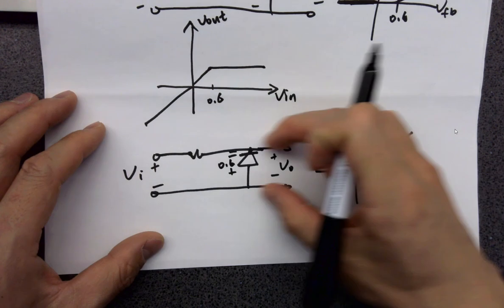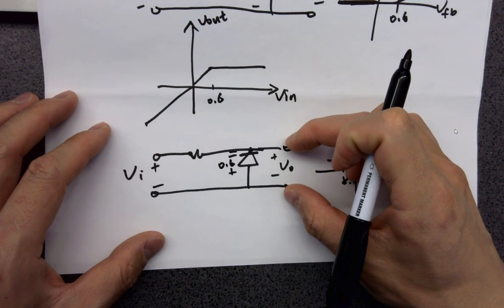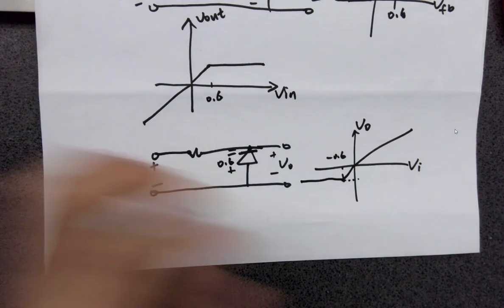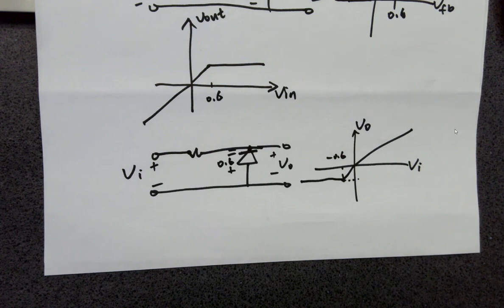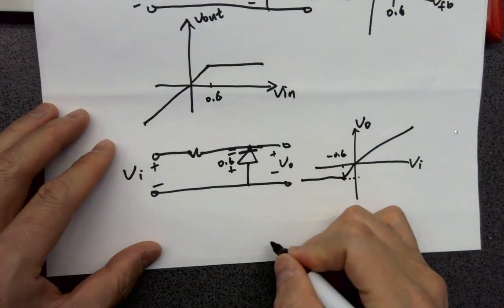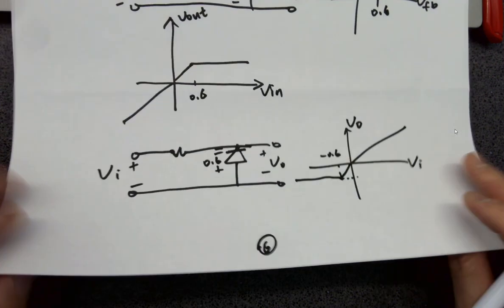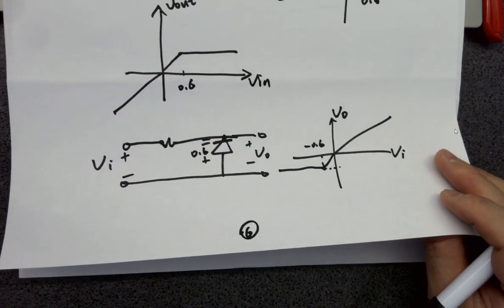Because they're the same nodes, V out becomes negative 0.6 volts constantly, and it's not changing anymore. Does that make sense? Then we look at another example.